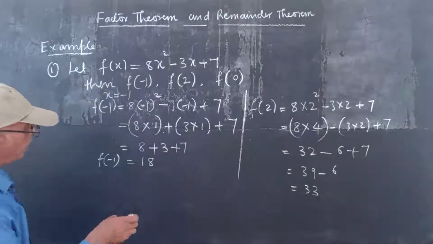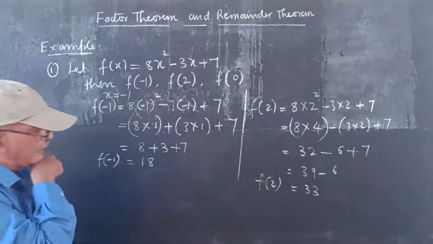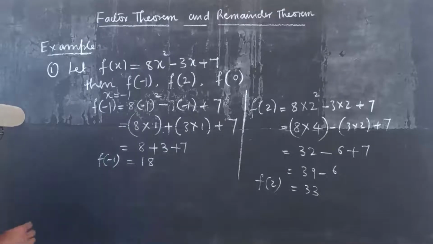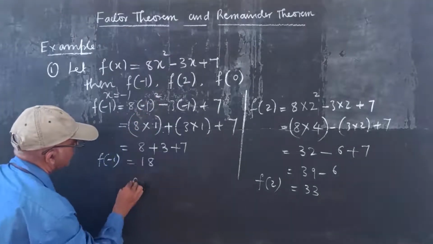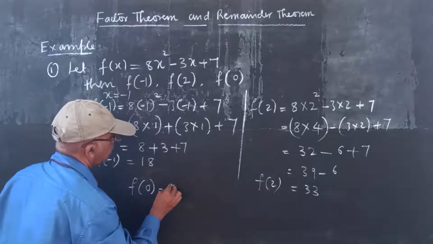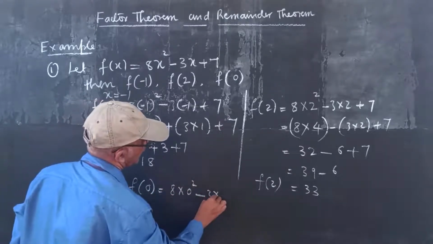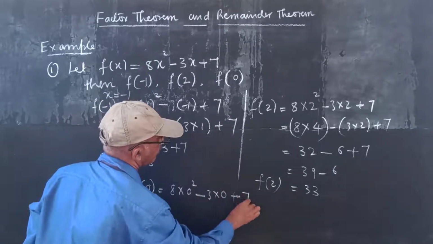So we got f of 2 is 33. Now we shall find the last one, the value of the polynomial at x is equal to 0. So 8 into 0 square minus 3 into 0 plus 7.